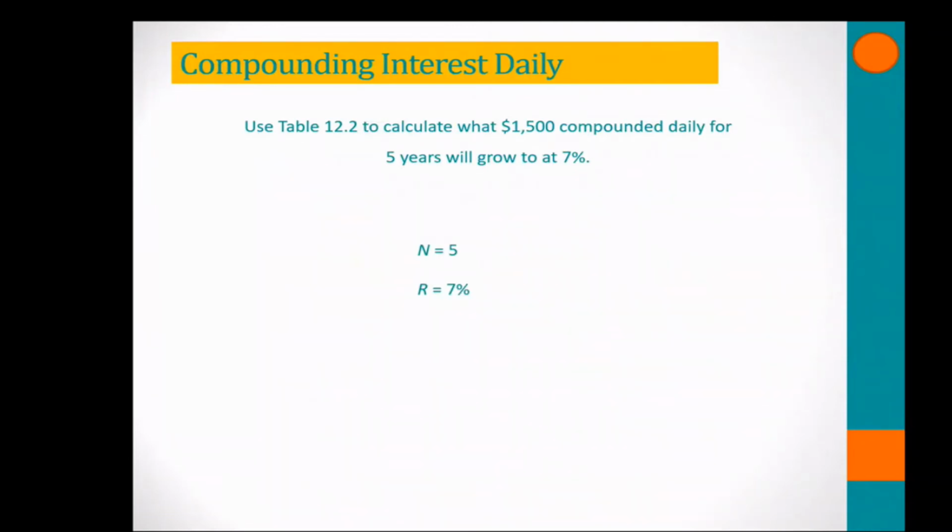If I use table 12.2 to calculate what $1,500 compounded daily for 5 years will grow to at 7%. Just look into the table.